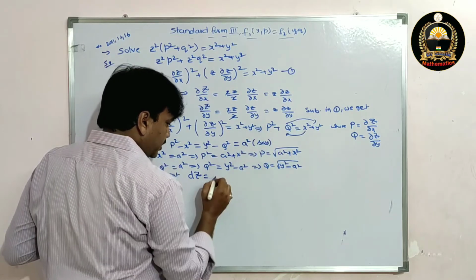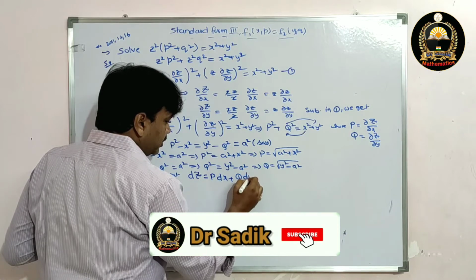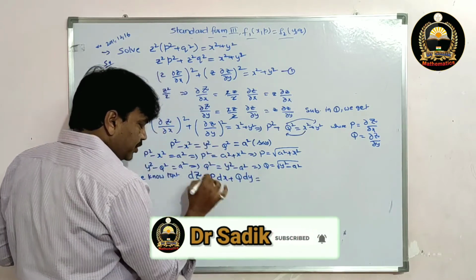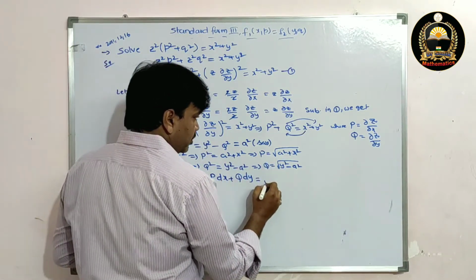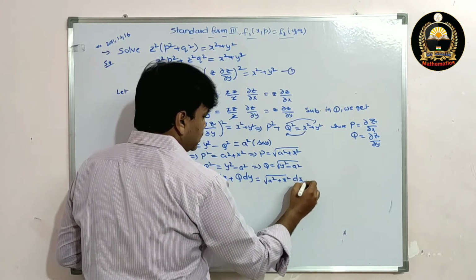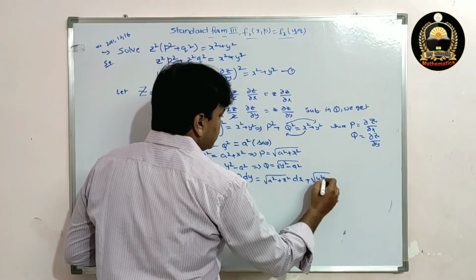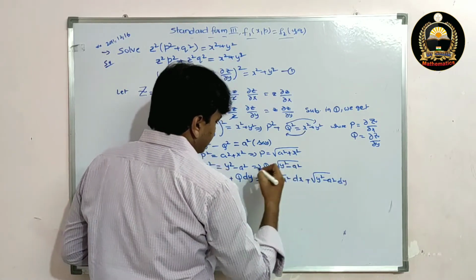Suitable solution, capital P dx plus capital Q dy. That is equal to, what is capital P, students? Square root of a square plus x square into dx plus capital Q, square root of y square minus a square into dy.